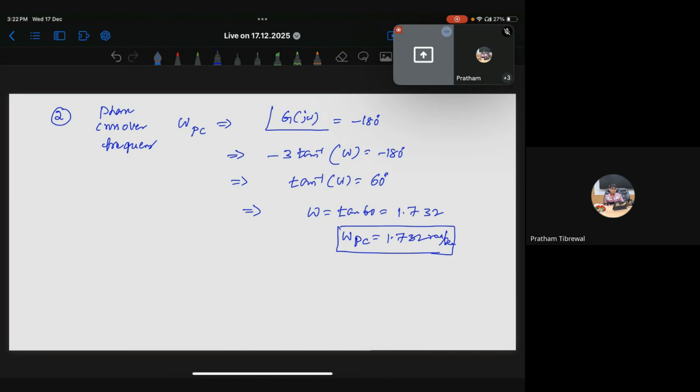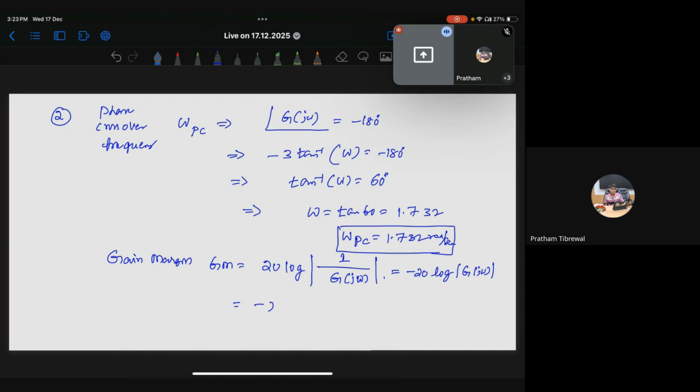Now, gain margin. Gain margin is equivalent to 20 log 1 by mod G of j omega, so that is minus 20 log mod G of j omega.